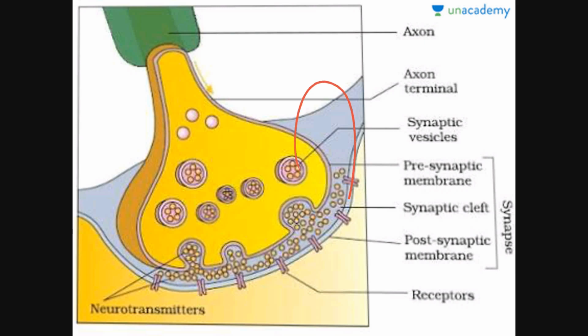This is the postsynaptic neuron area, and this is the presynaptic neuron area. These two are separated by a fluid filled space called the synaptic cleft, where the neurotransmitters from the synaptic vesicles arrive. After reaching the synaptic cleft, these neurotransmitters are taken up by the receptors of the postsynaptic neurons.